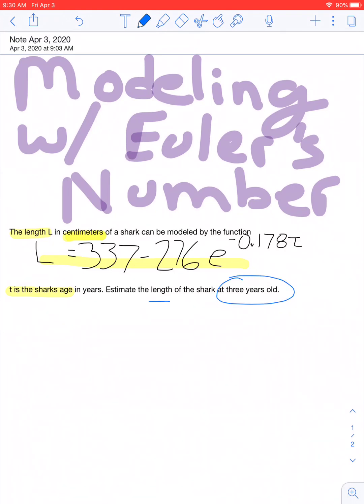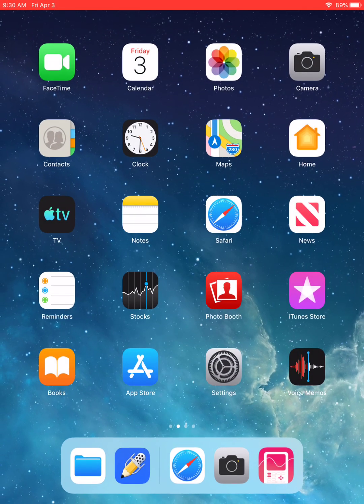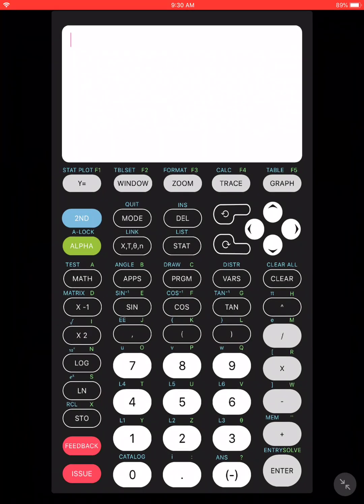In order to do this, we're simply going to take our equation and substitute in the value of 3 for T. Easy enough. Now in order to do this, I'm going to pull up my calculator. On my calculator, I'm going to type 337 minus 276 e to the negative 0.178 times 3.